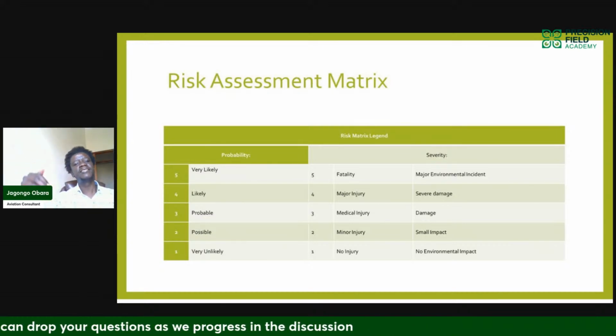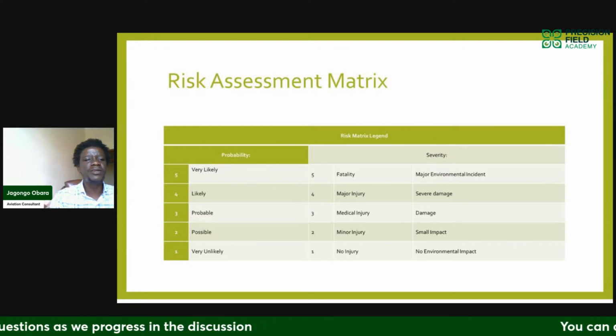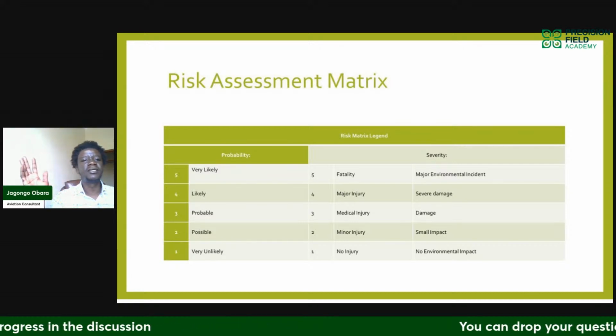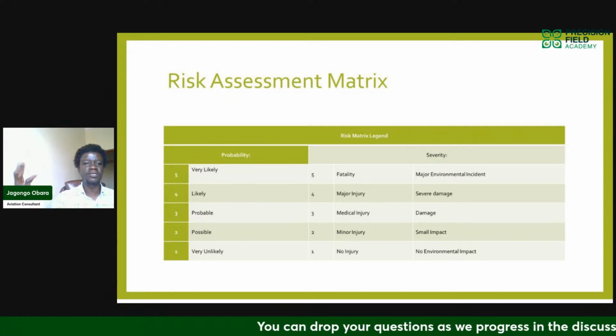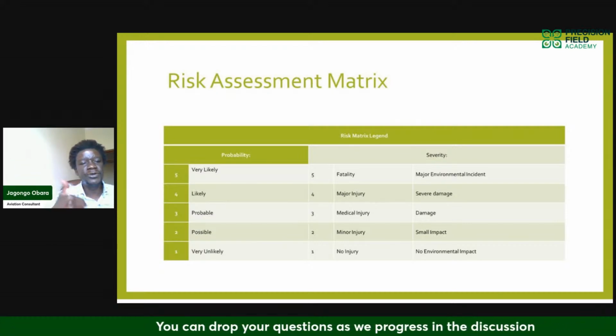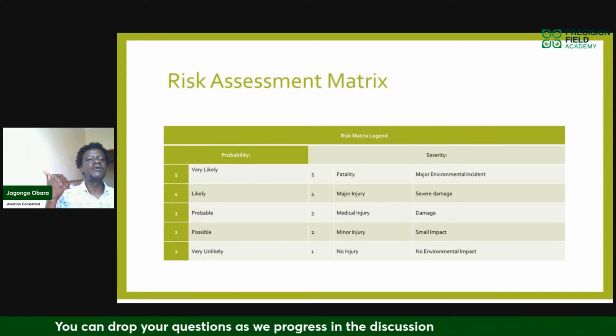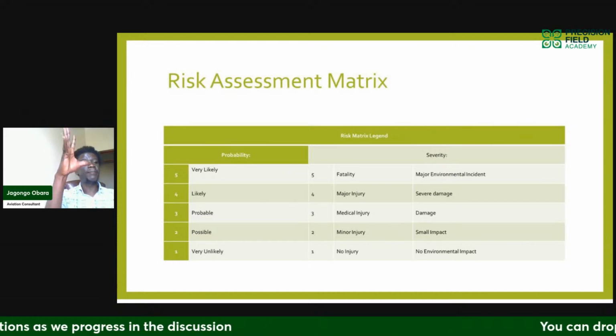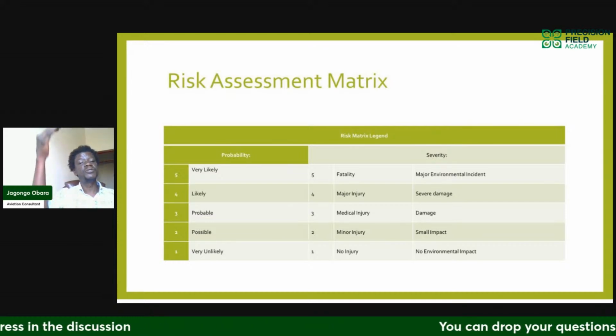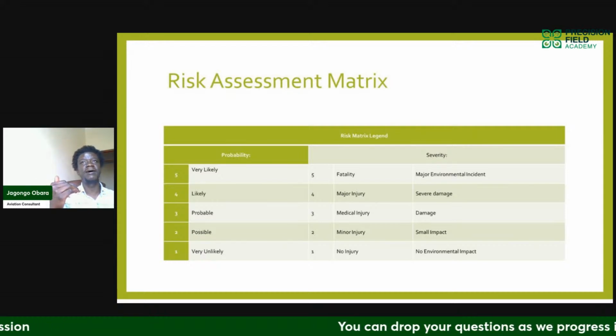And then again, the severity of it. So if we do, for instance, crash into these crows or into these birds or into these hawks, what is the severity of that damage? Are we going to lose our aircraft? Is the aircraft going to burn up in flames? Is the aircraft going to crash down and affect people on the ground?